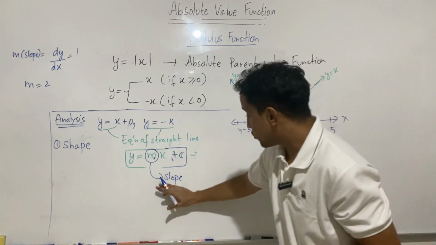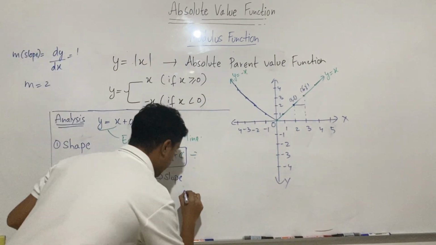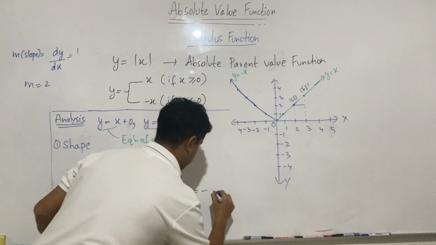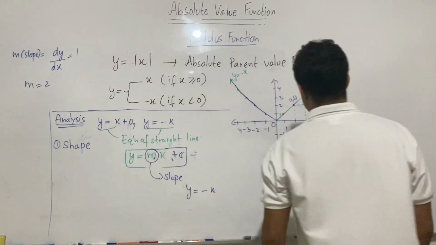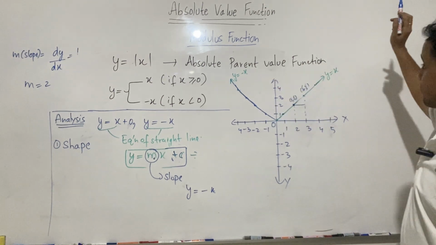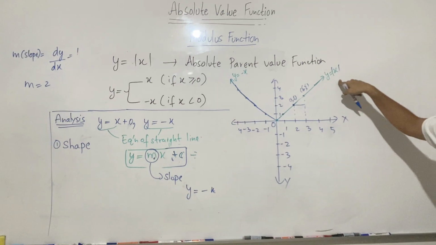But if your slope is negative, for example, y equal to minus x. This is the graph of y equal to modulus of x.